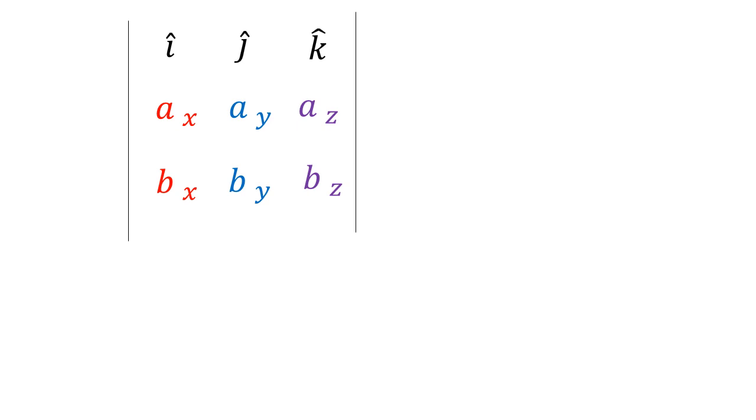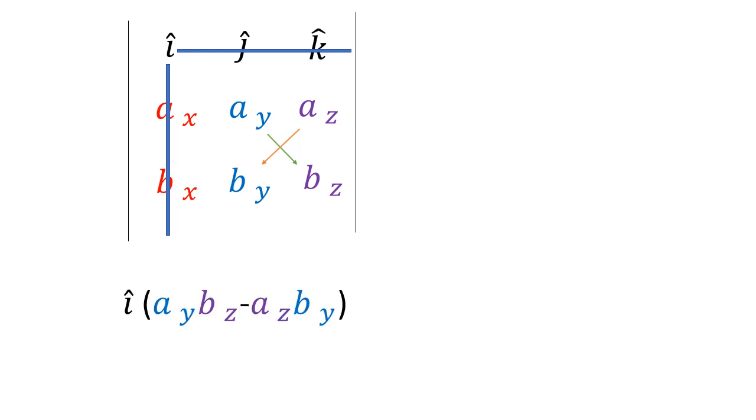First term is i. So you take i, and there is no need to consider its row and its column. So i multiplied by, in brackets, ay bz minus az by.